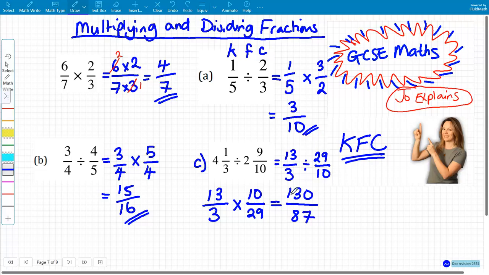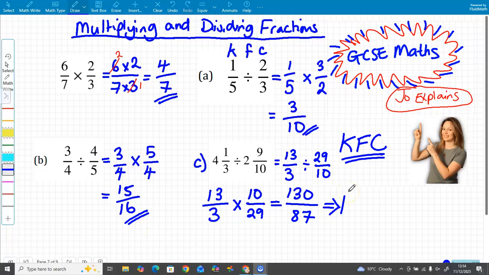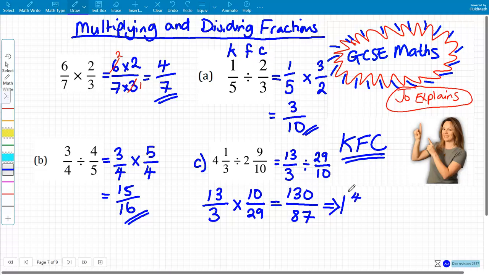So we've got ourselves an improper fraction here, which we are going to convert to a mixed number again. So 87 will go into 130 one whole time, with 43 left over, so 1 whole with 43 over 87, like that. And I don't think that will simplify anymore. If it does, write me in the comments.